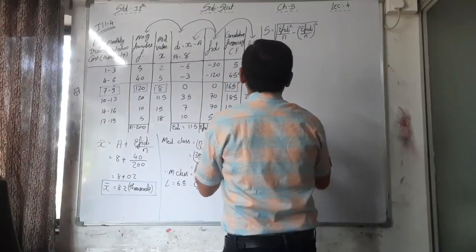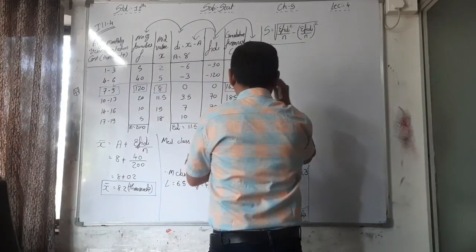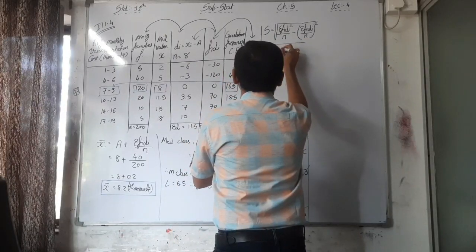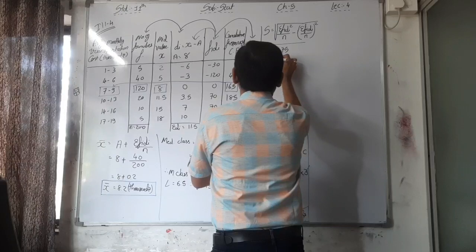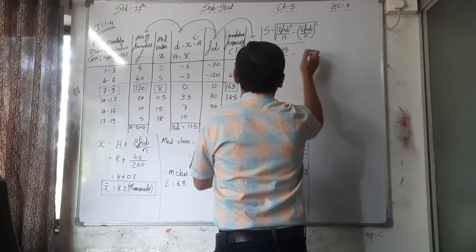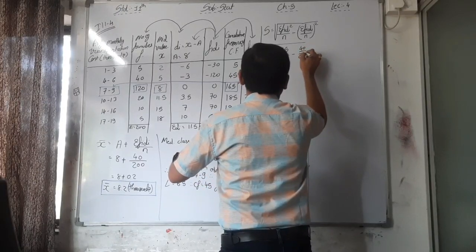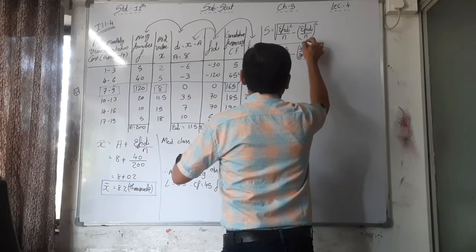Now put the value here: s is equal to square root of sigma fi di square by n, minus sigma fi di by n, all square. That is 1775 divided by 200, minus 40 divided by 200, all square.